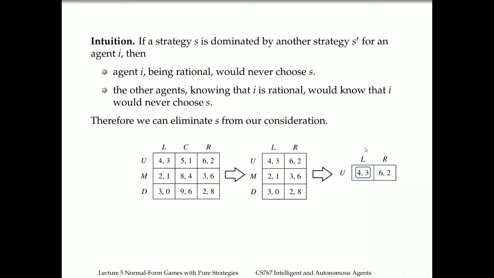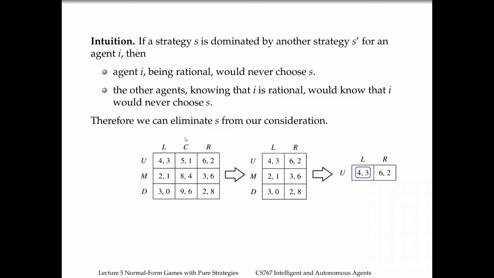If a strategy S is dominated by another strategy S prime for an agent, then agent i, being rational, would never consider playing S. The other agents, knowing that i is rational, will know that i would never choose this action S. So for both players, there is a reason to eliminate the consideration of S. Right? So we can eliminate S.